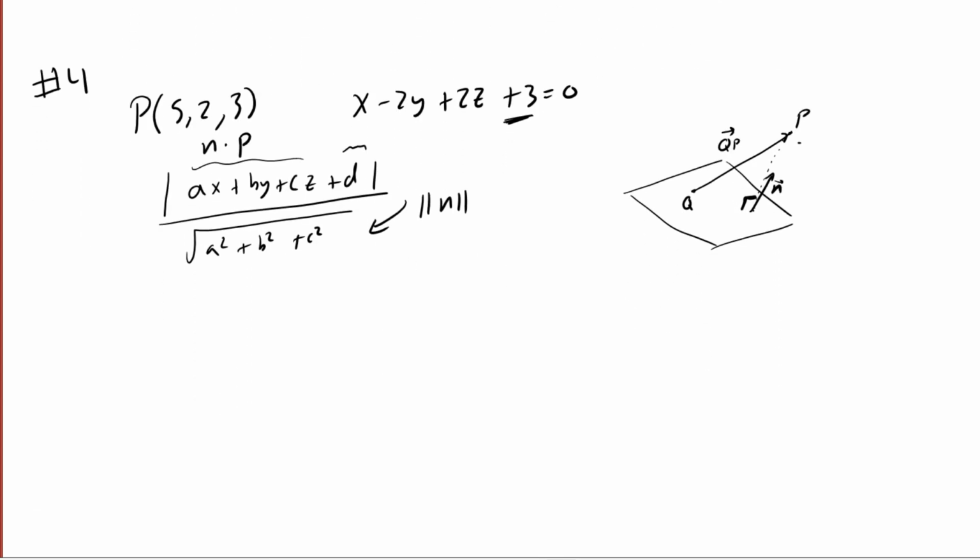Okay, so this is easy enough to fill in. I have my normal, which is 1, minus 2, 2. So n dot p on top, that's going to be 5 minus 10 plus 6. That's not minus 10, that's minus 4.